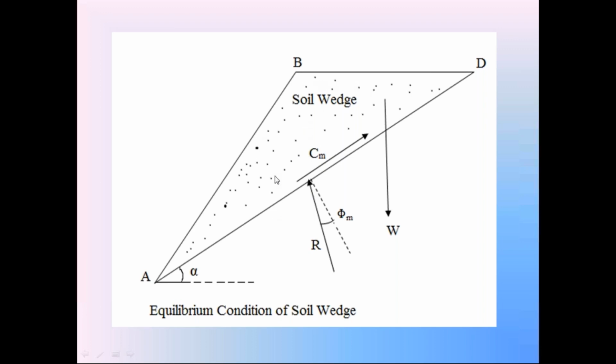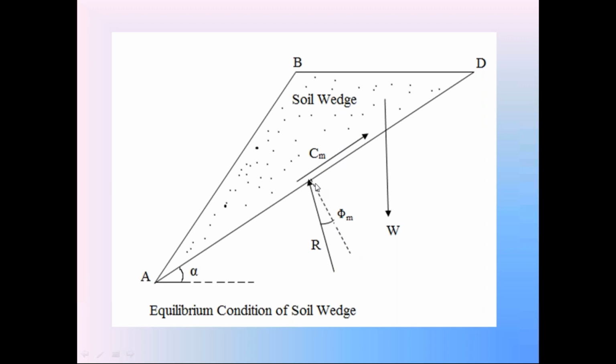So three forces are acting on the soil wedge free body diagram. One is the weight of the soil wedge. Next one is the mobilized cohesion force Cm from this failure surface AD on the soil wedge in the upward direction. Third one is the reaction from this failure surface AD on the soil wedge in the upward direction, making the angle phi m with this normal.